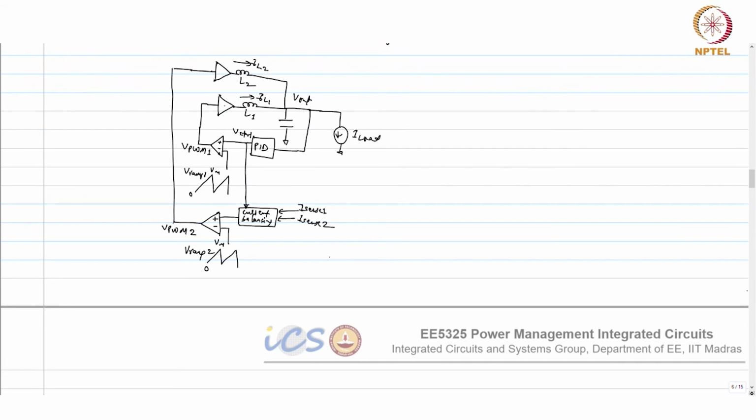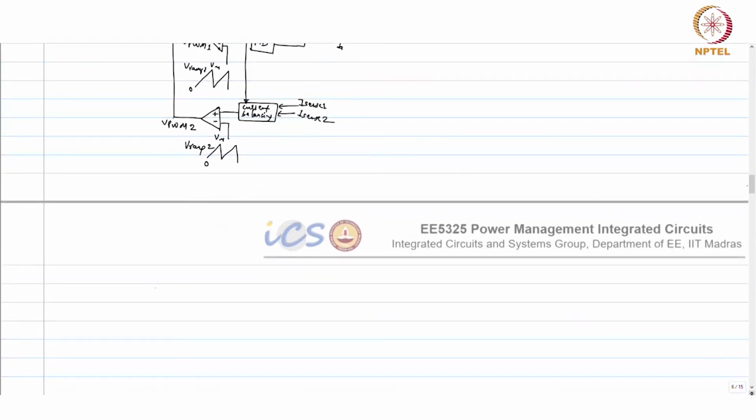So, what is the current required at each phase? I sense 1 plus I sense 2 divided by 2 equals I average.